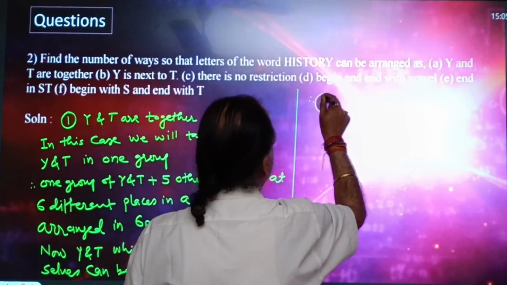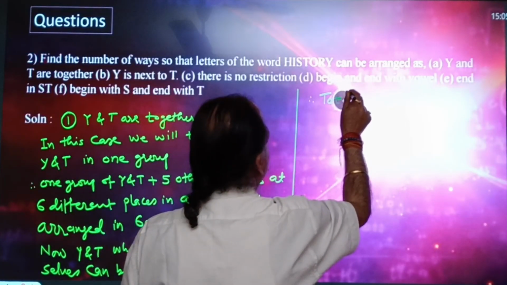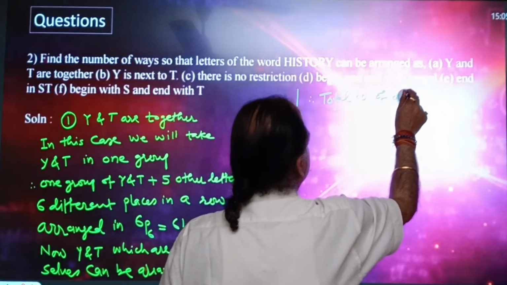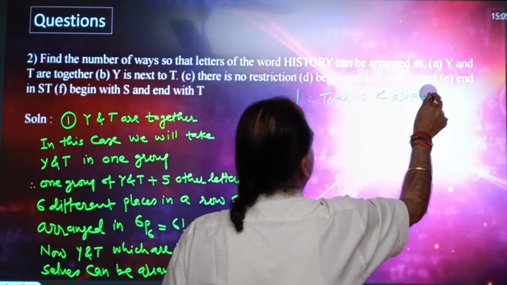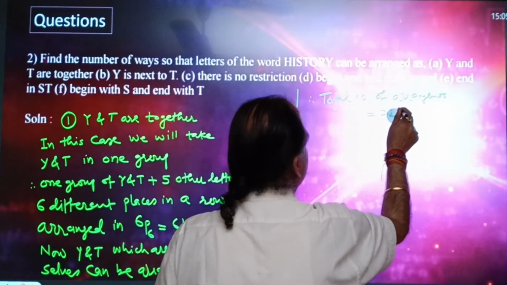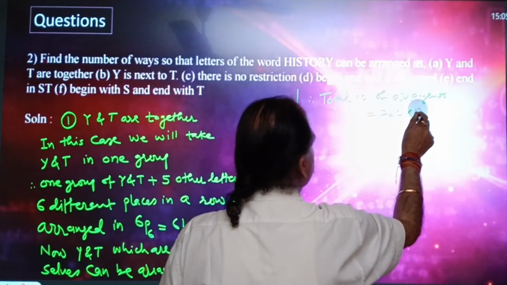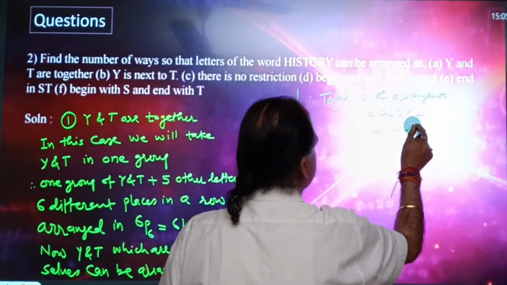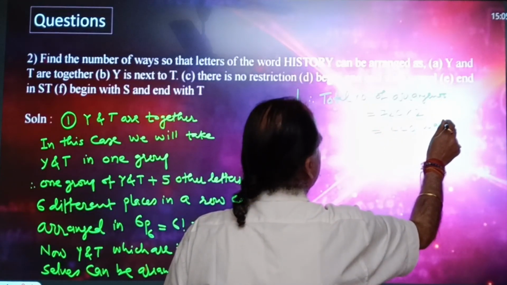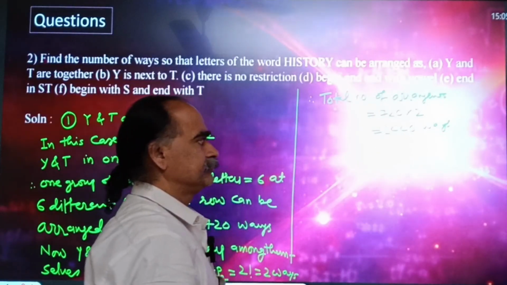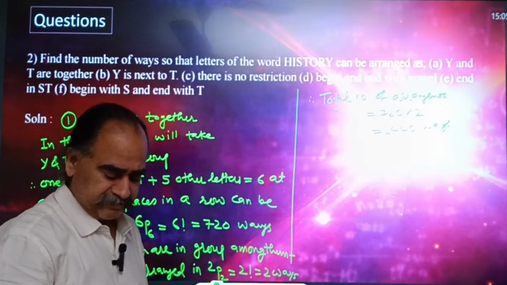Therefore, the total number of arrangements is 720 into 2, 1440 ways. So 1440 arrangements are there.